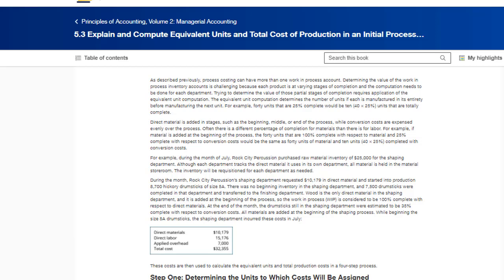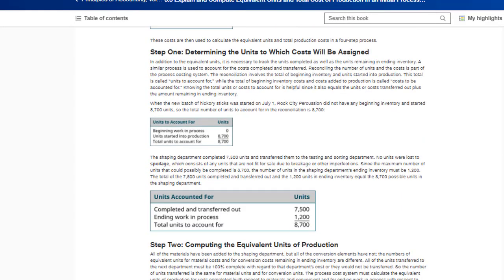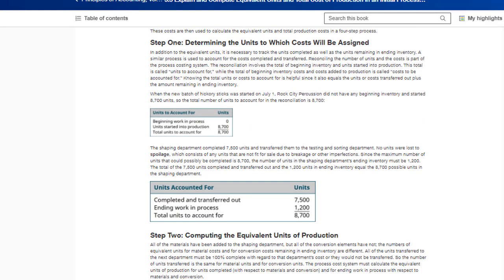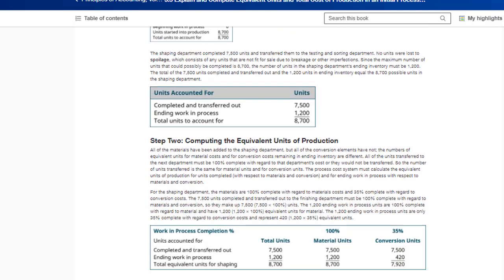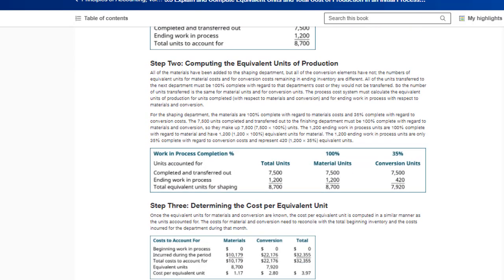Explain and compute equivalent units and total cost of production in an initial processing stage. Now, what I'd like to ask you to do, there are a few steps that you need to go through, but let's jump down to step 2.